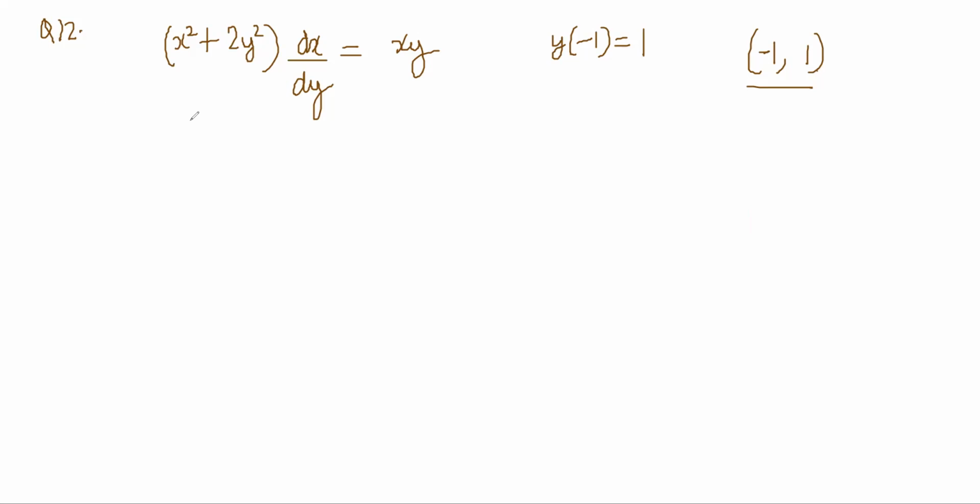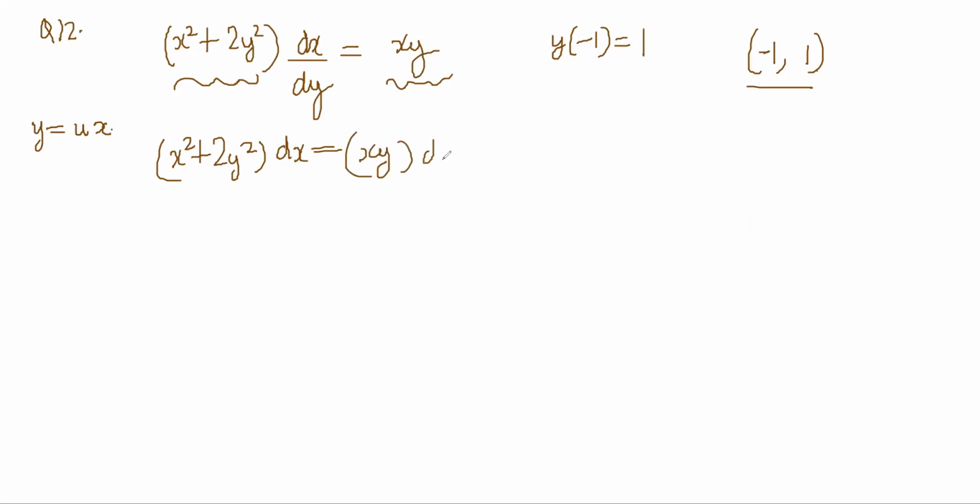This is a little more obvious because it is homogeneous. In this, it is not doubtful that you should do the substitution. So y is equal to u into x, or t into x, whatever. So we have x square plus 2y square dx is equal to xy dy.